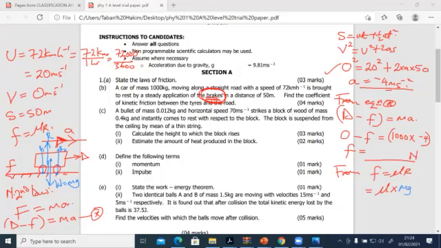What friction have we got here in the question?